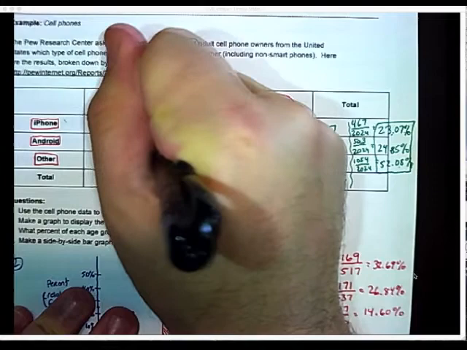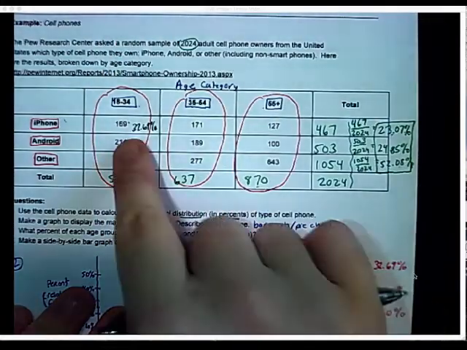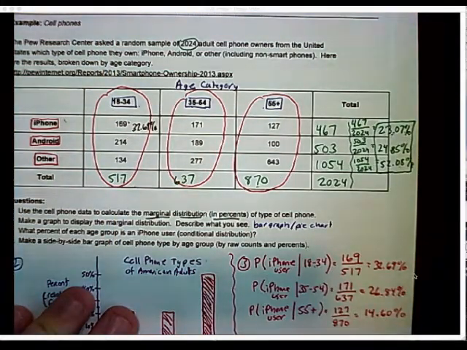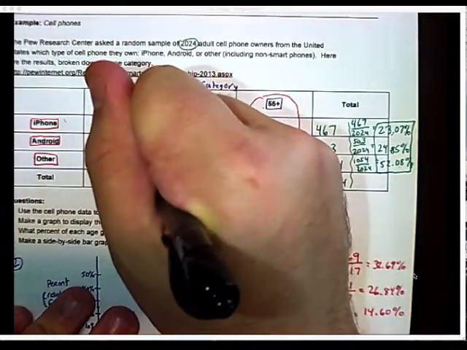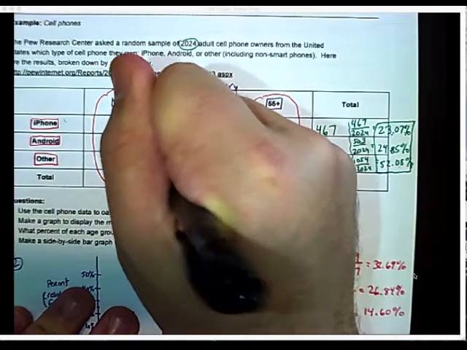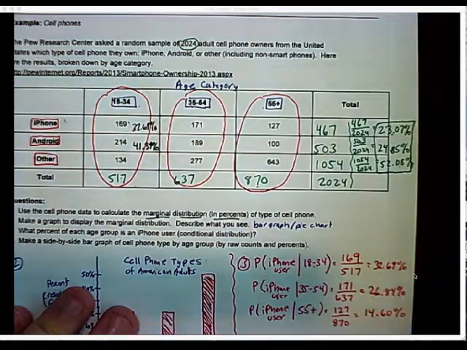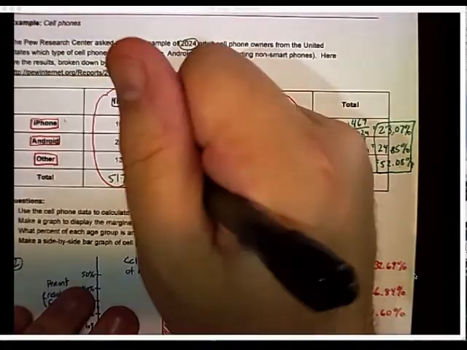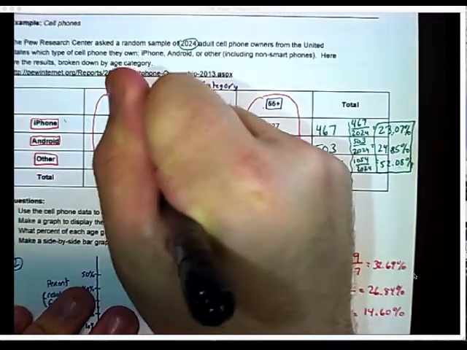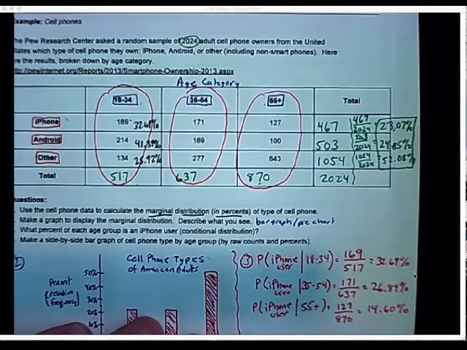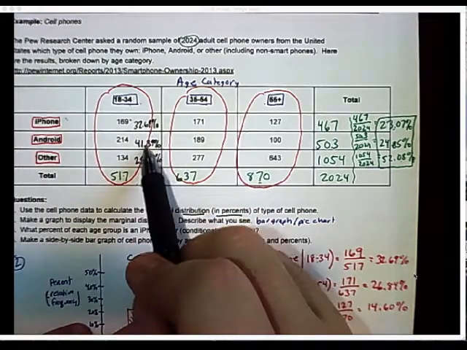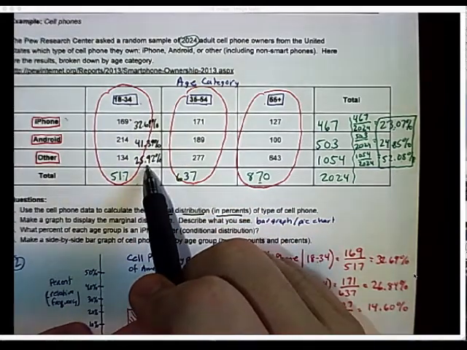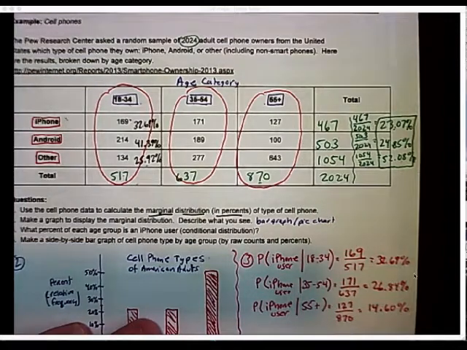We said that was 32.69%. 214 divided by 517, that's 41.39%. And 134 divided by 517 was 25.92%. So of all the 18 to 34-year-olds, that percent use iPhone, that percent use Android, that percent use some other phone. Let's do the same thing for the next two age groups.